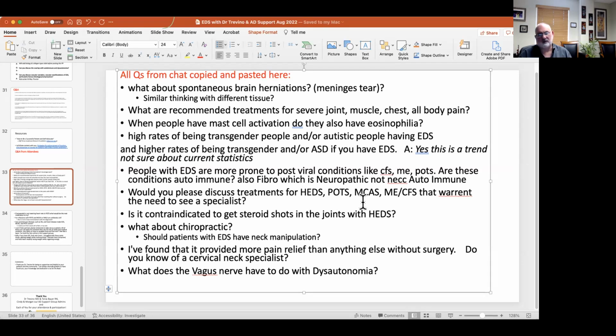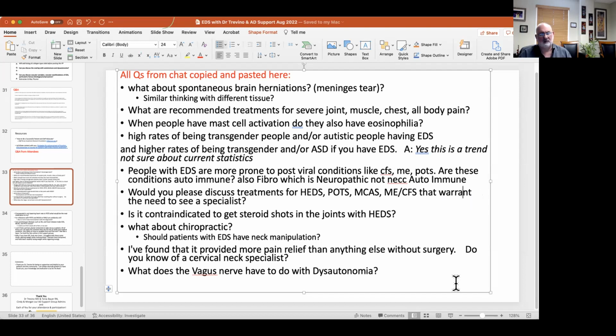HEDS, I can name a few things, but certainly if you have neurologic issues like Chiari or tethered cord or cervical instability, all those things need to be seen by a specialist. Median arcuate ligament, sleep apnea needs to be diagnosed and treated a lot of times by a specialist. So yes, tons of things can be treated by specialists.